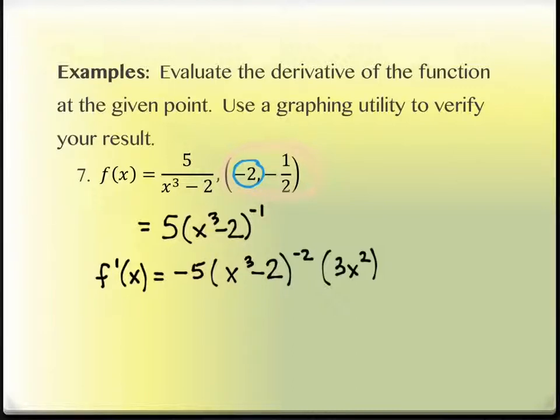So I am going to clean this one up just because it has a negative exponent. That's really why I'm going to do it, is I want to put that back in the denominator. But the piece at the beginning and our piece at the end can be combined. So I have negative 15x squared, and then I have x cubed minus 2 to the second, or squared, in the bottom.